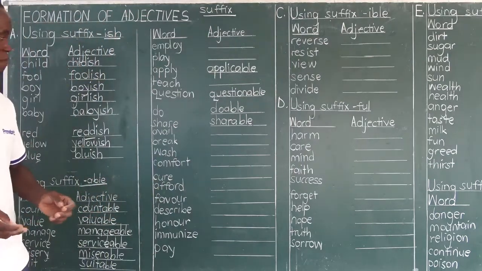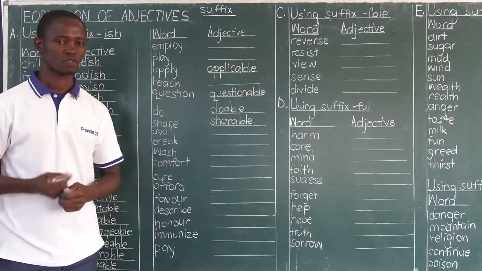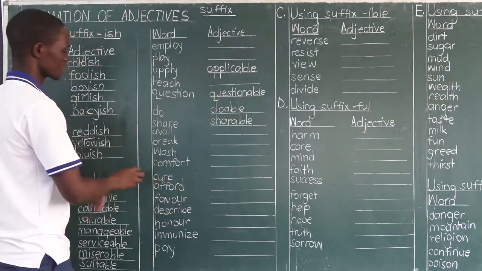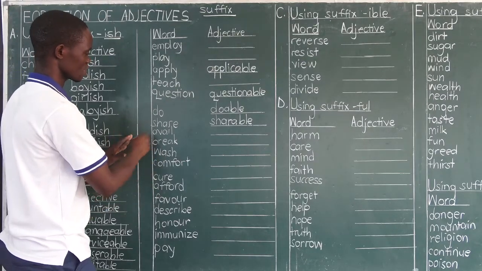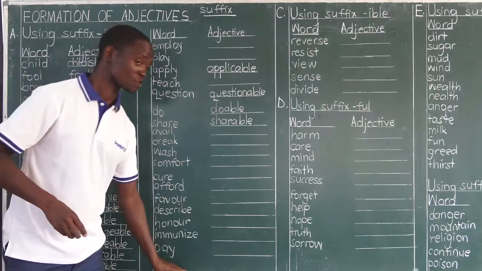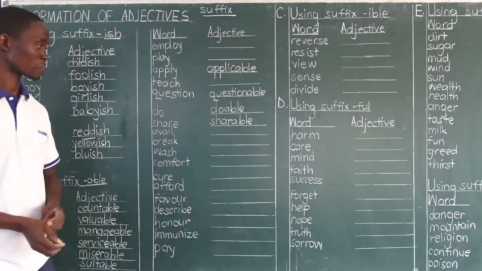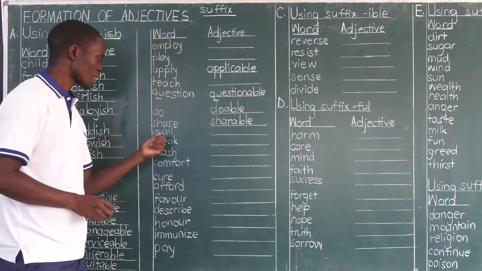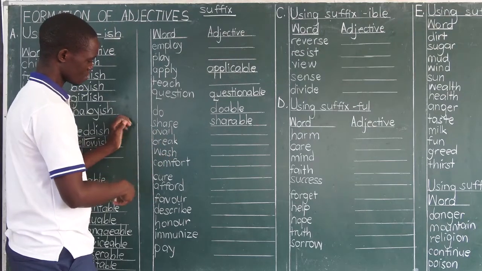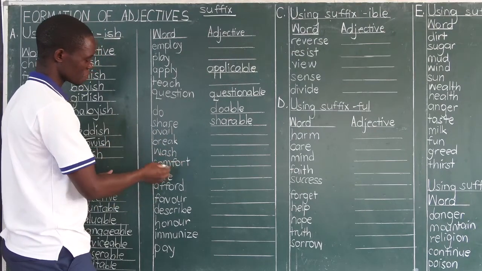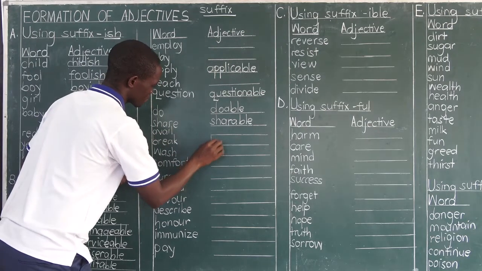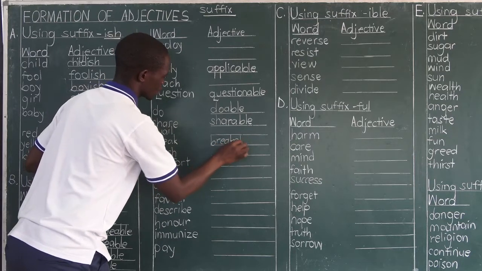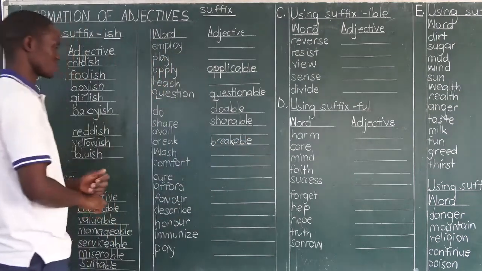Remember we said adjectives are those words we use to describe nouns. So we can use shareable as our adjective to describe different nouns. We have shareable materials at school, but nowadays we discourage sharing because of coronavirus. Avail, available. Then break, breakable. What can be broken is breakable. What I don't answer with you here, I trust you have been following and you are able to add the suffix.